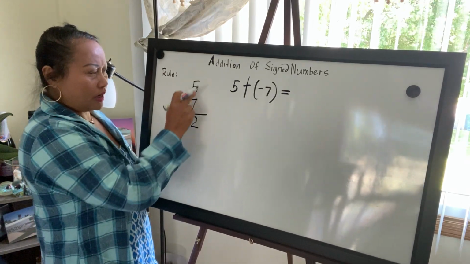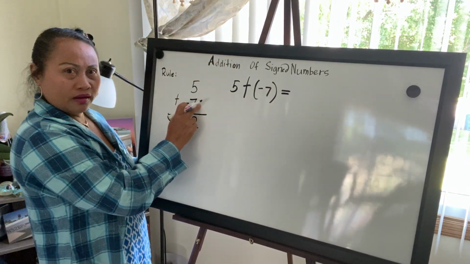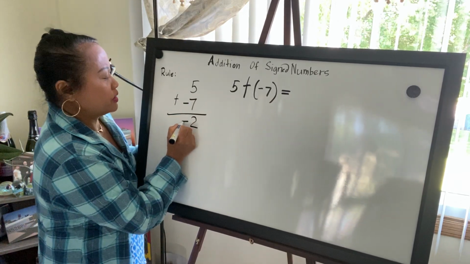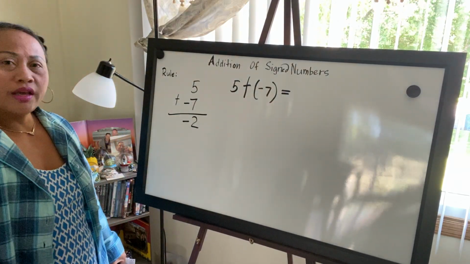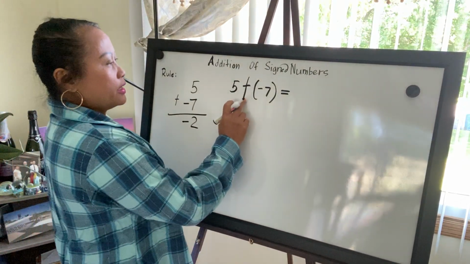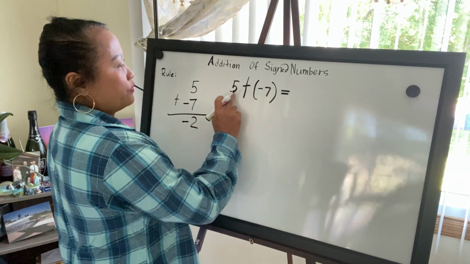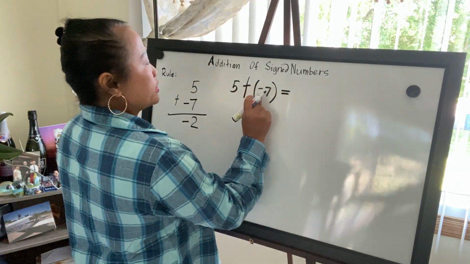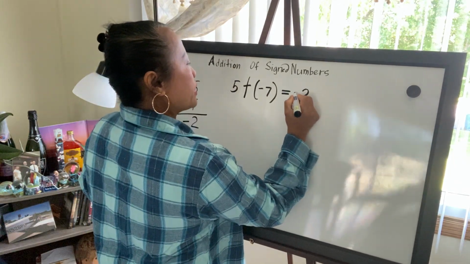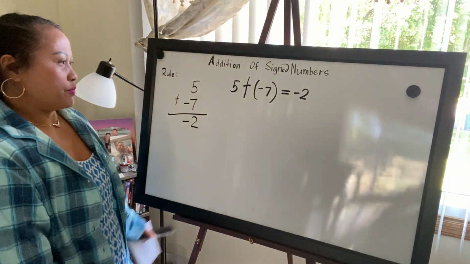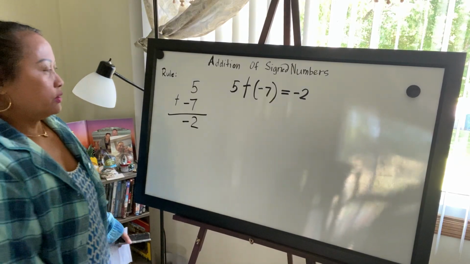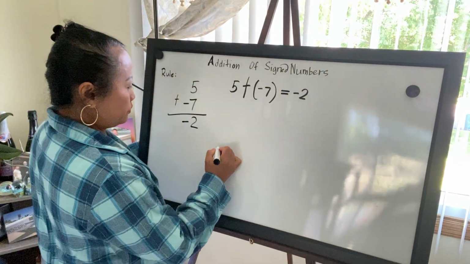So what is the larger number here? 7. Now we bring down the sign, negative. So the answer is negative 2. Here is the same. So 7 minus 5 equals 2, and bring down the sign of the larger number. Okay?